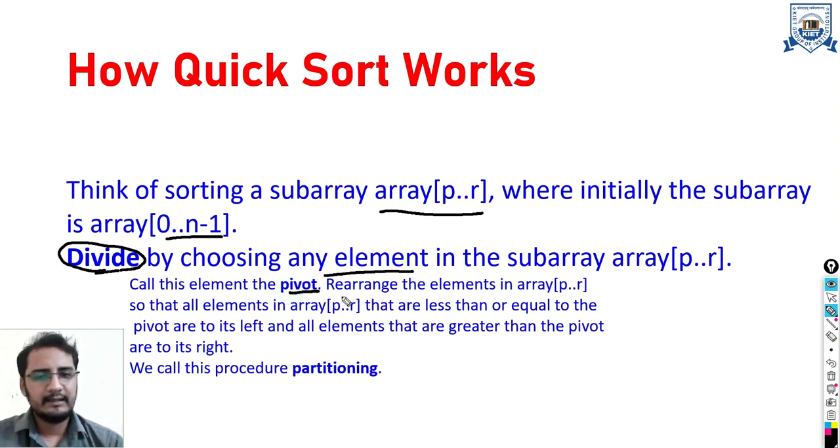Then you'll start rearranging all the elements such that the elements to the left of the pivot are less than or equal to it, and elements to the right of the pivot are greater than or equal to it. This is called the partitioning process. Now let's try to write the algorithm for this partitioning process.